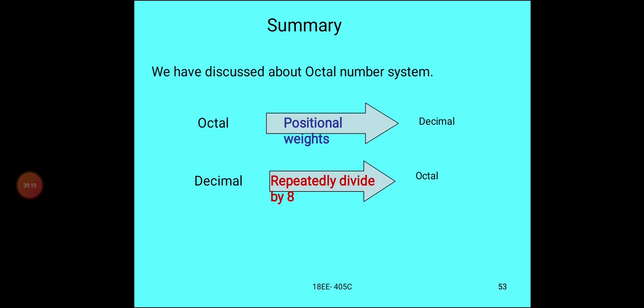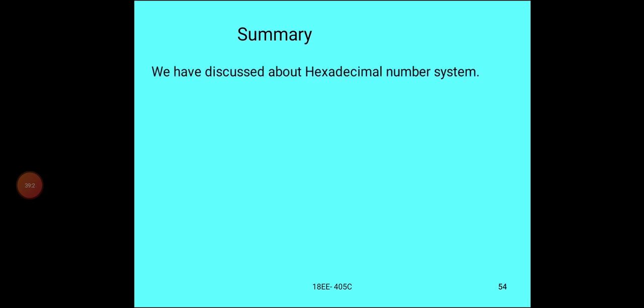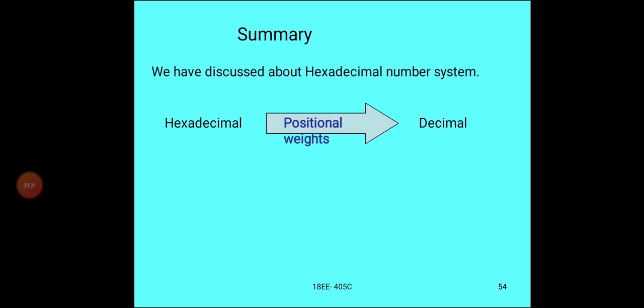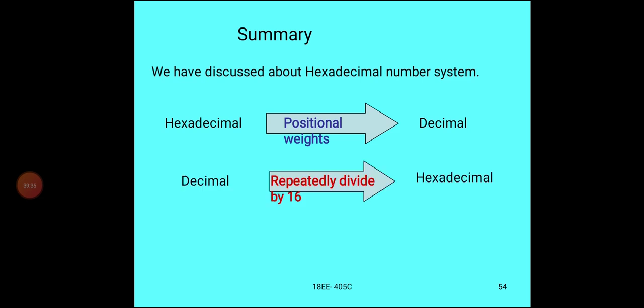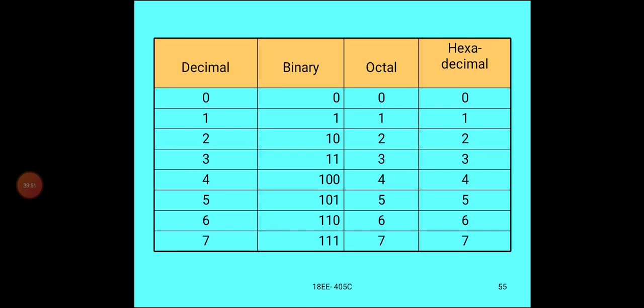Repeated division of decimal by 8 gives octal. Octal groups of 3 bits give binary. Hexadecimal positional weights give the decimal value. Repeated division of the decimal value by 16 gives hexadecimal. Hexadecimal written in groups of 4 bits gives a binary number.